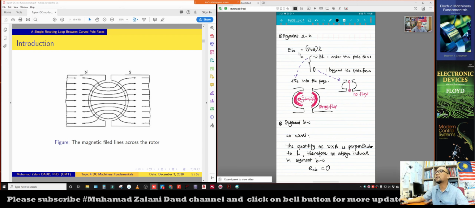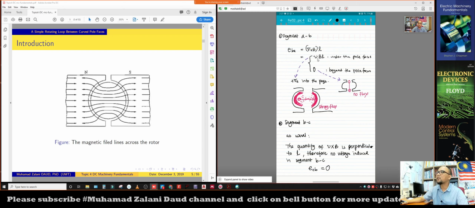So we calculate segment by segment. For segment AB, we calculate EBA using V cross B dot L. Since the V, B, and L vectors are all perpendicular to each other, we can directly calculate it using VBL.